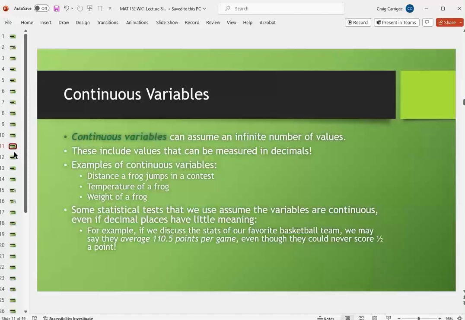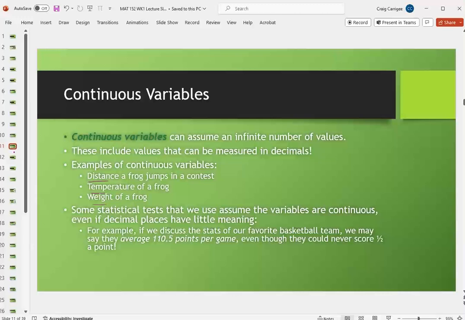And so continuous variables can represent an infinite number of values, all the decimal places, right? So the distance that a frog can jump, well, it could jump 1 foot, it could jump 2 feet, but it could also jump 1.5 or 1.25 or any distance in between. And the same thing with the temperature and the weight. These can all be represented by decimals.